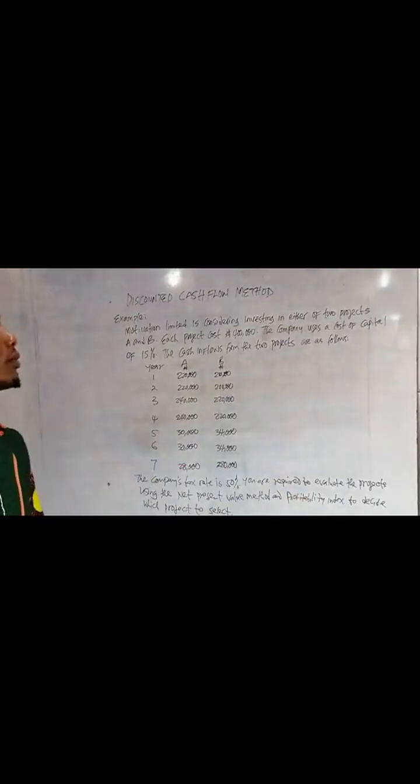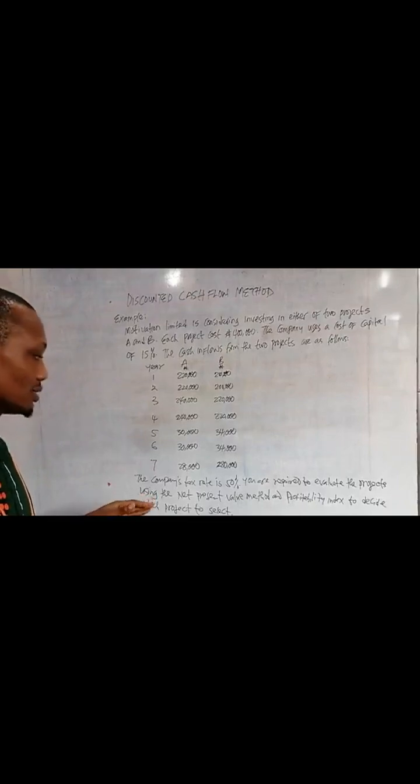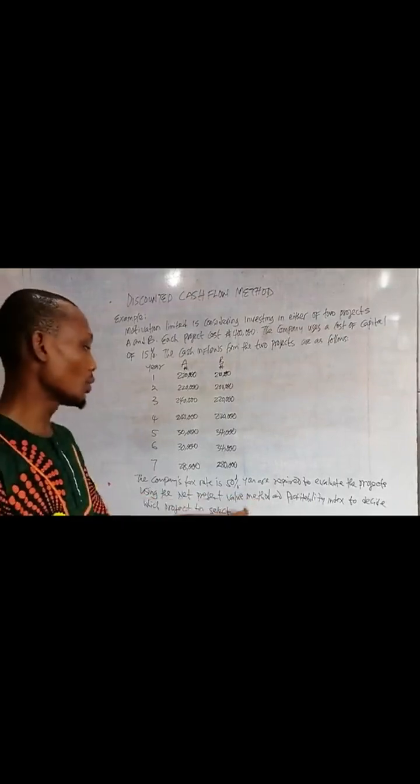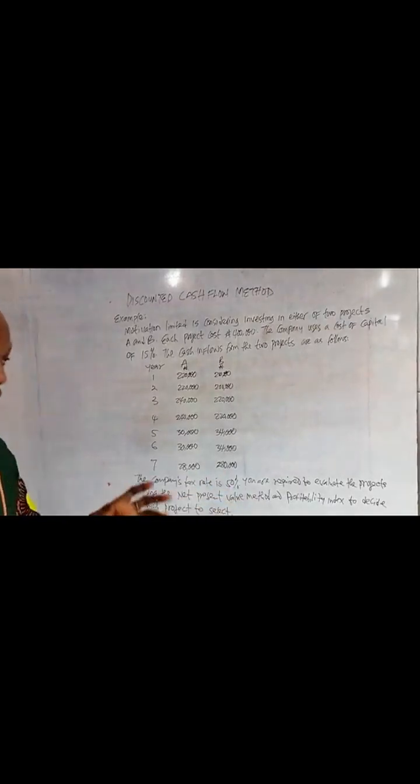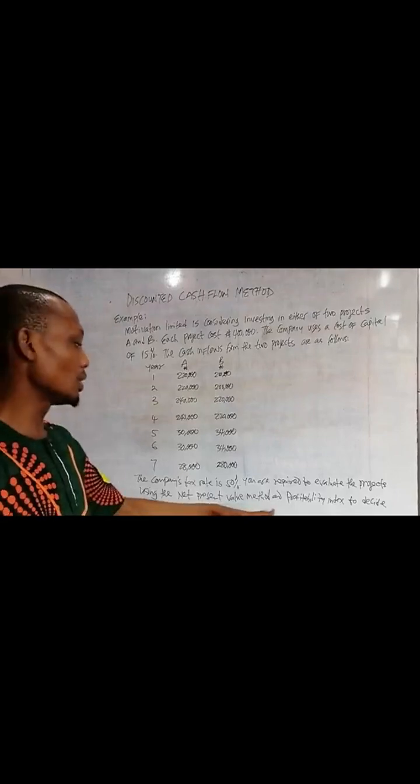Okay, in a question like this, the first thing for you to do is to go straight to the requirement of the question. You are required to evaluate the projects. We are first of all going to evaluate the projects using the net present value method and profitability index to decide which project to select.